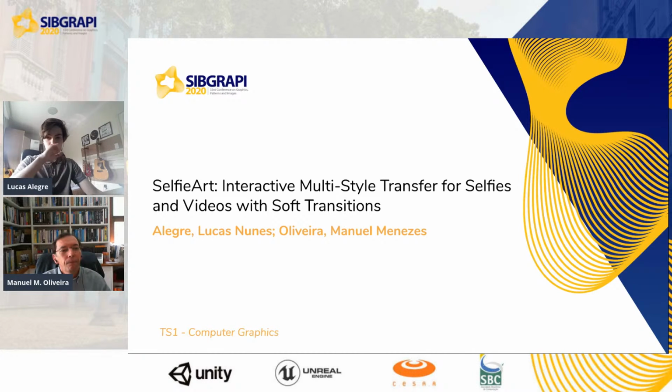Hi, thank you for the introduction, and hello everyone. So it's a good question. In fact, theoretically, both methods that we use, the multi-style transfer algorithm and the segmentation network, they both can work in real time for videos. But as we are using them simultaneously and sequentially, they end up not achieving real-time performances.